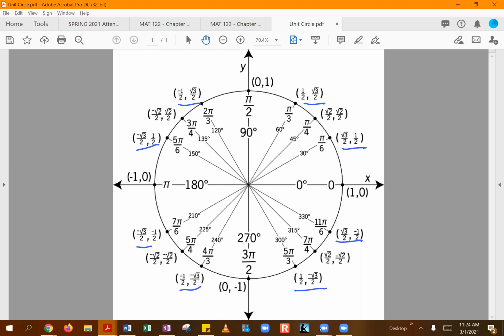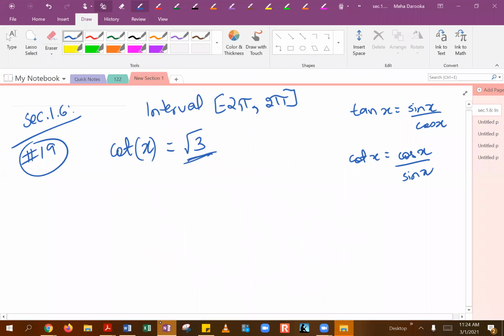But obviously it's not going to be all of them, since we are talking about cotangent as cosine of x over sine of x. We have to see which of these will end up giving us square root of 3. If I take my first set of ordered pairs from pi over 6, the cosine is square root of 3 divided by 2, and the sine is 1/2.